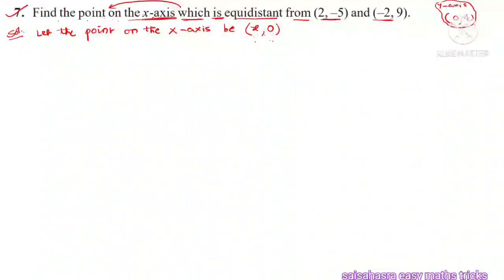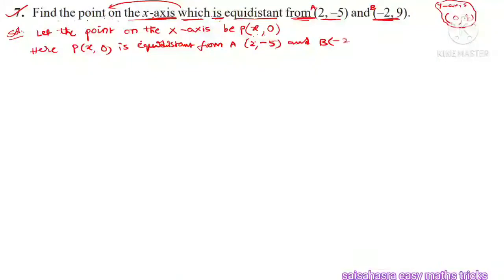So this point is having equal distance from this point and this point. So let it be point P. Say this one as A and B. So from the question what we can write here, P(x, 0) is equidistant from A(2, -5) and B(-2, 9).